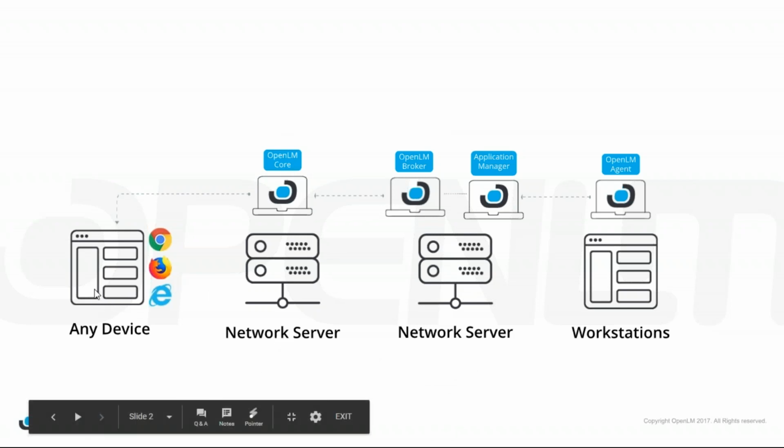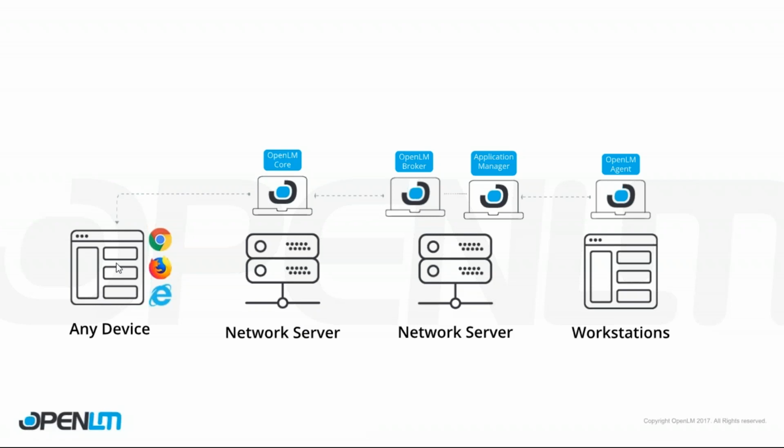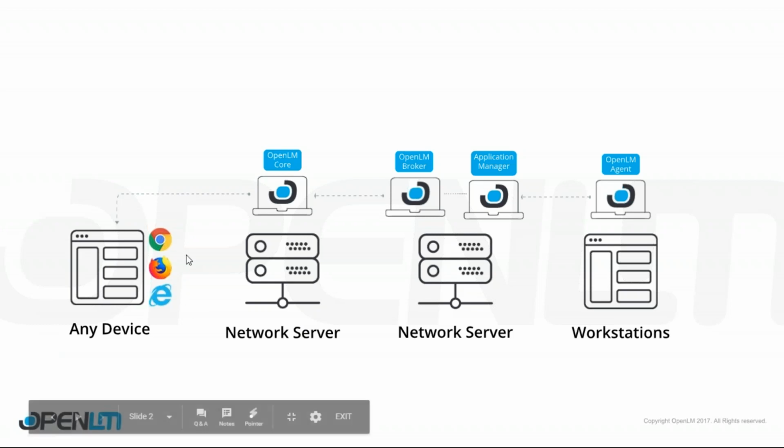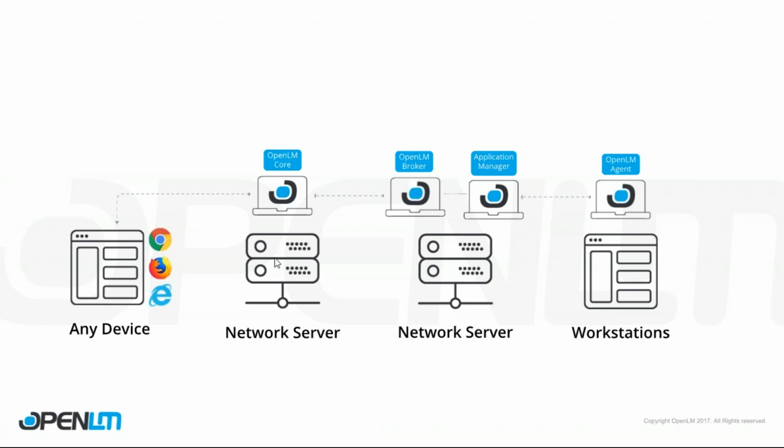Now, if anybody wants to access and see the reports, see utilization, all the OpenLM benefits, then you can just access it using any device, using the browser. It just connects to that network server, and that's it.